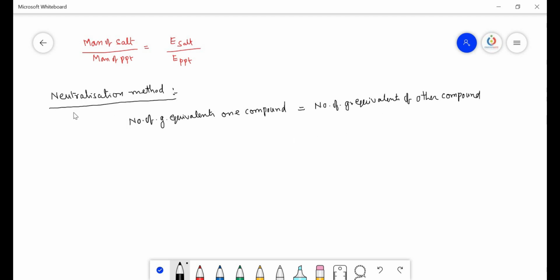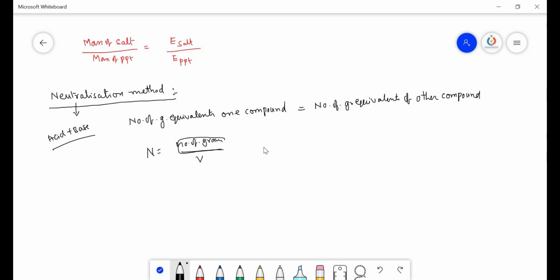This method is basically helpful in solving problems where both acid and base react with each other to form neutral compounds. We know that normality is equal to the number of gram equivalents divided by volume.